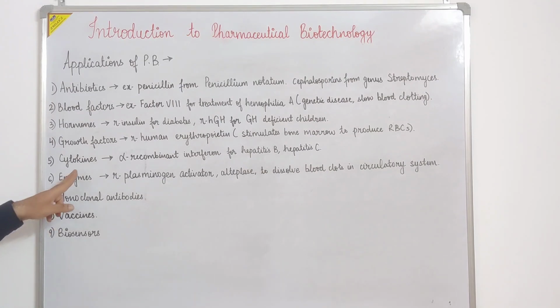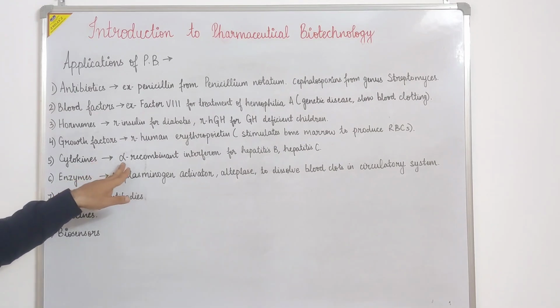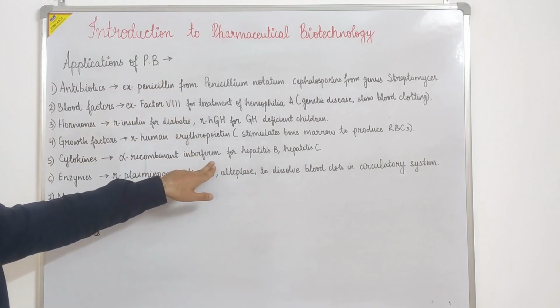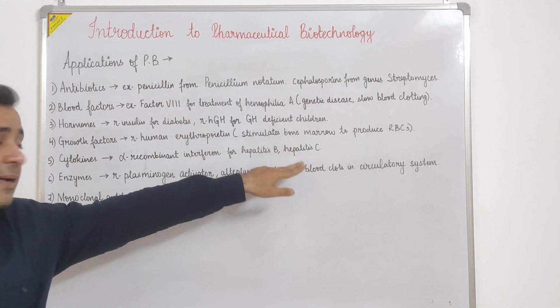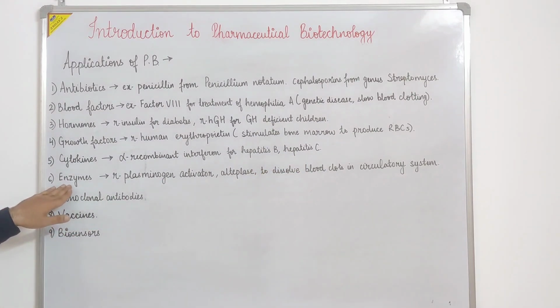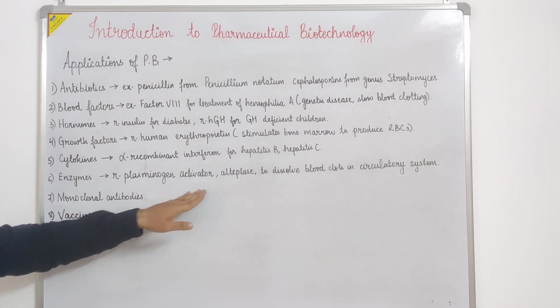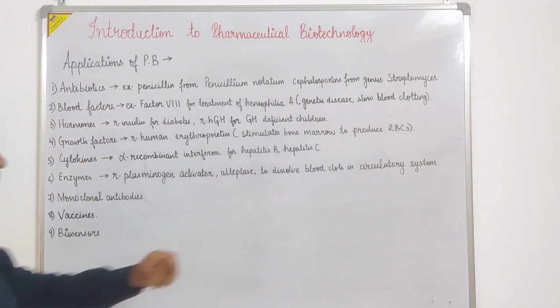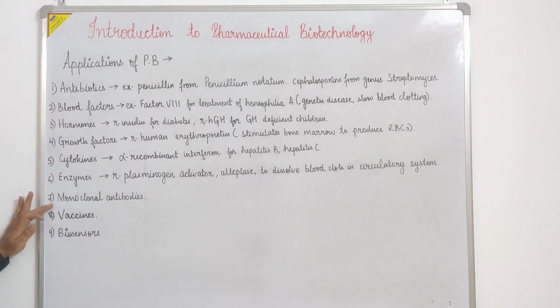The example is recombinant alpha interferon, which is a cytokine we have produced through pharmaceutical biotechnology for hepatitis B and hepatitis C. Then we have produced various enzymes also, like recombinant plasminogen activator, which is alteplase, to dissolve blood clots in the circulatory system. Then we have produced monoclonal antibodies and various types of vaccines.